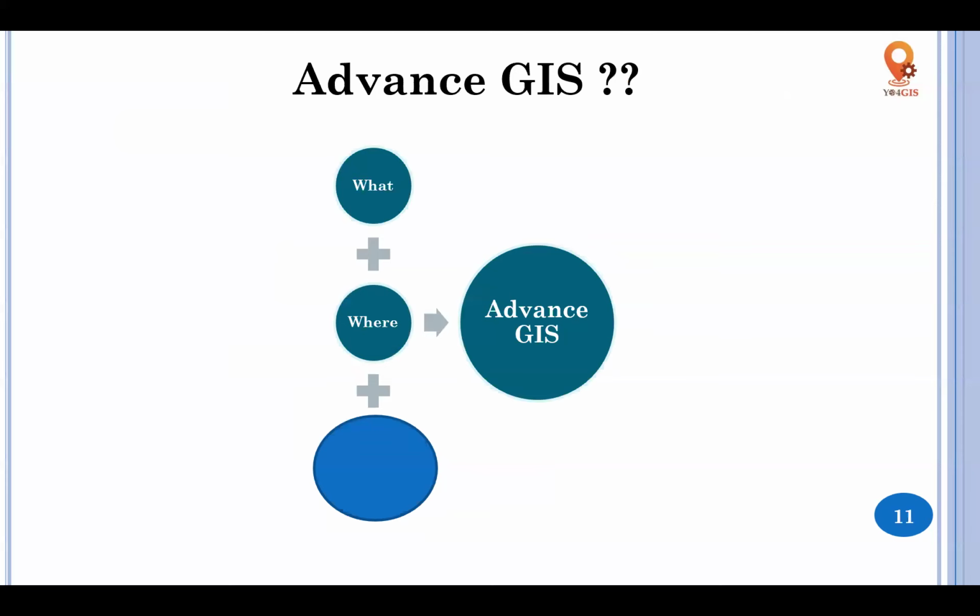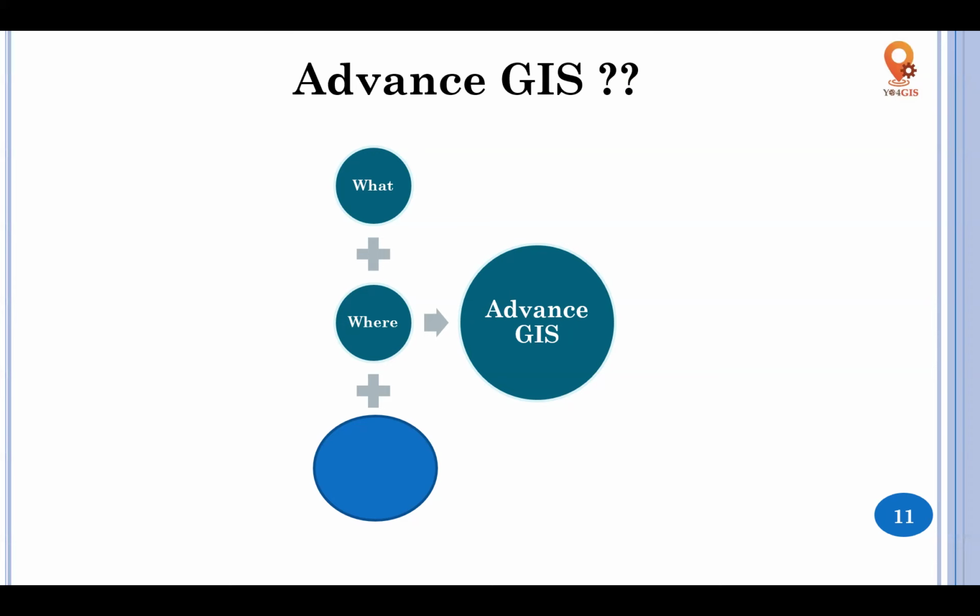After that, because we are all from a GIS background, in GIS, the what and where are already completed. When GIS started, many companies were preparing the data.